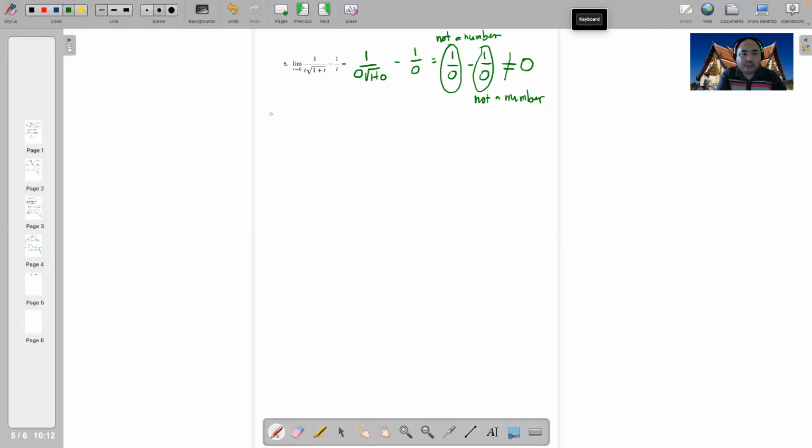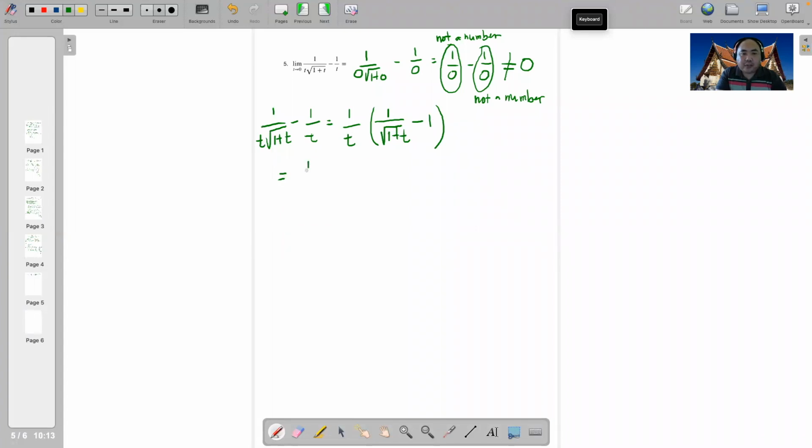We first simplify 1 over t times the square root of 1 plus t minus 1 over t, which is equal to 1 over t times 1 over square root of 1 plus t minus 1.